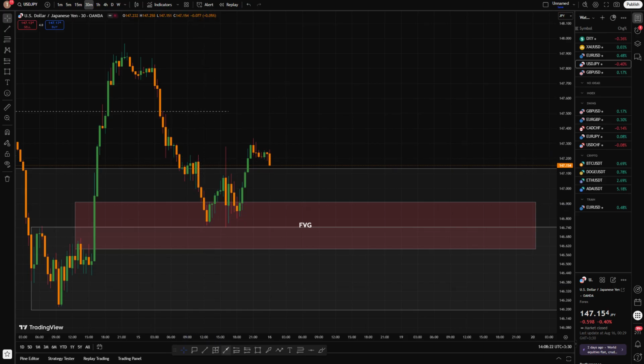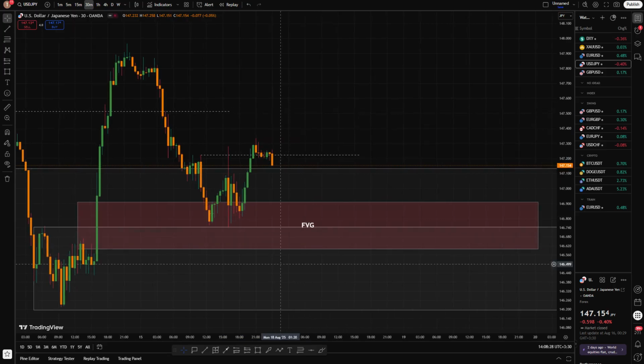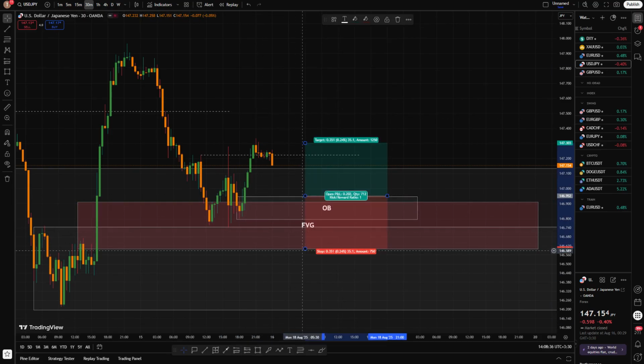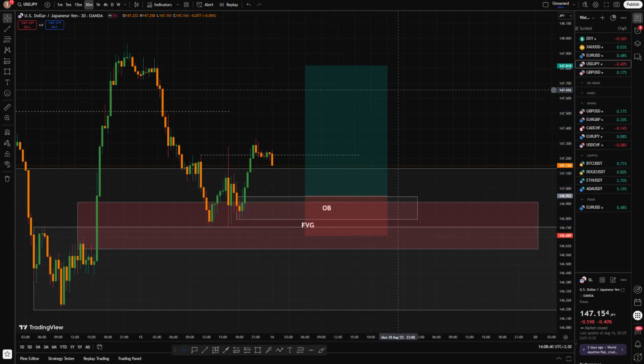As you can see, this is the last high of our downtrend, so we can enter long here in this area, in this FVG. This is going to be our stop loss, and this is going to be our TP.